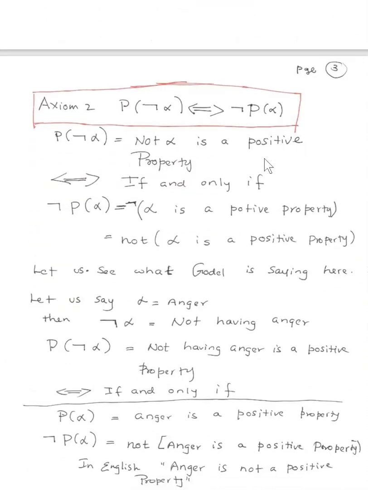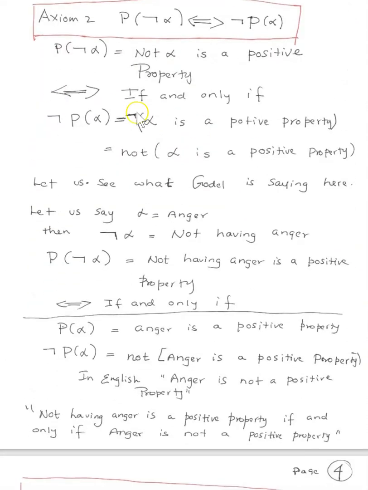Now let's go to the second line, Axiom 2. Here P is a positive property, this symbol indicates not, and alpha is a property. So P of not alpha if and only if not P alpha. Let's say alpha is anger. Anger is not a positive property, but not having anger is a positive property.